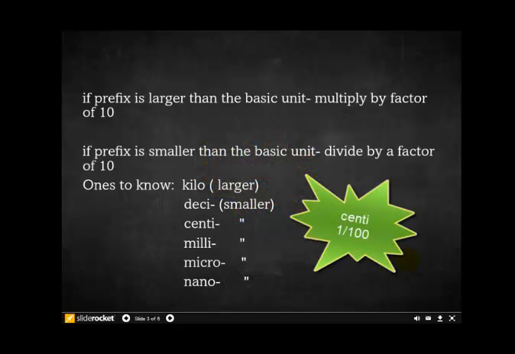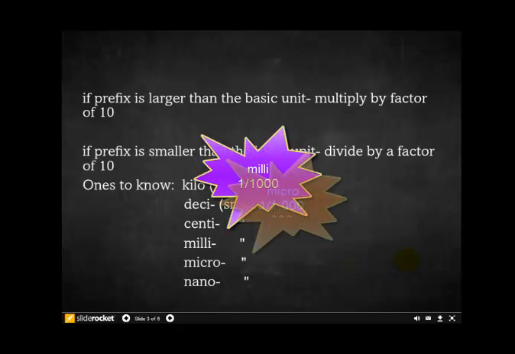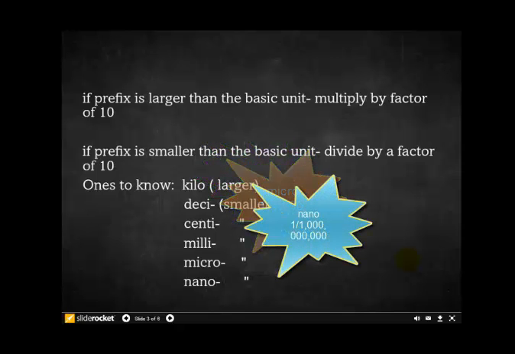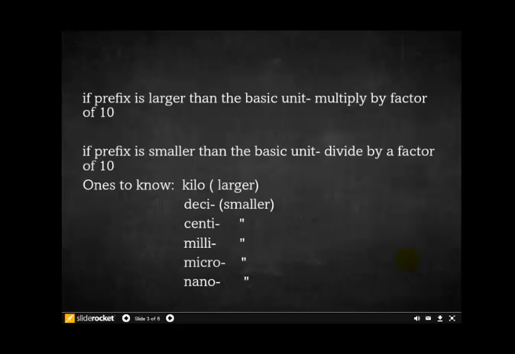Something to keep in mind is if the prefix is larger than the basic unit, you multiply by whatever factor of 10. So mega is 1,000,000, 10 to the 6, you multiply your basic unit times 10 to the 6. Whereas if you're doing milli, the prefix is smaller, then you would divide by that factor of 10.